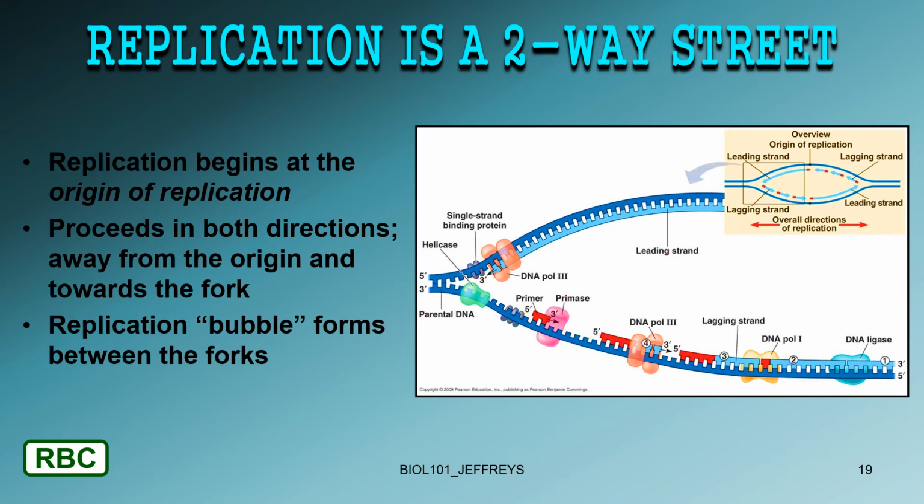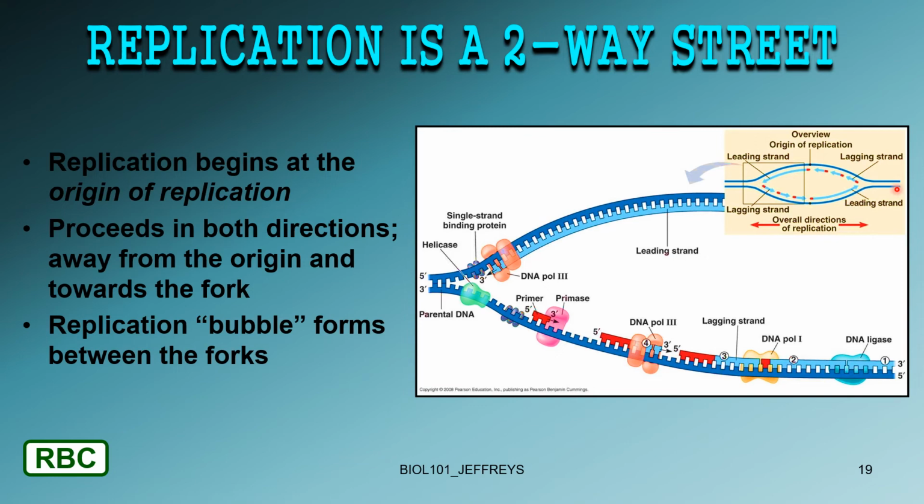This is interesting in that don't think this just happens at one point until the whole thing is replicated, right? We have in this case, you see this bubble here. And so we have a fork going in this direction, a fork going in that direction.